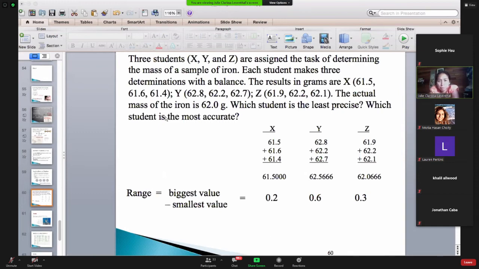Each student makes 3 determinations with a balance. A balance is a scale. The results in grams are for student X, 61.5, 61.6, 61.4, student Y, 62.8, 62.2, 62.7, student Z, 61.9, 62.2, 62.1.